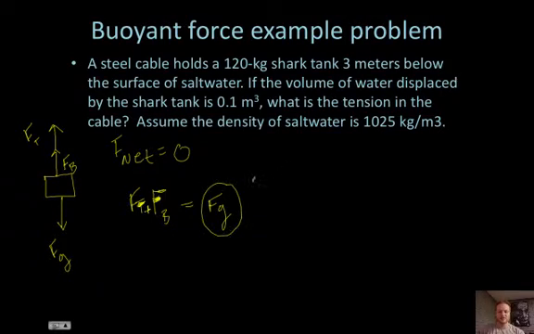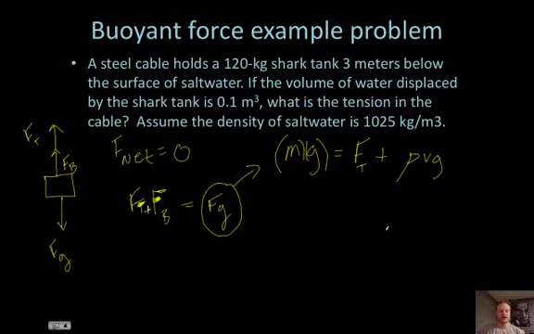How do you find the force of gravity? Well, that's just mass times gravity, mg. Mass times gravity is equal to the force of tension, which is what we're trying to find out, so I'm just going to call that Ft, plus the buoyant force, which we just learned was rho times volume displaced, which is V, times gravity, which is g.